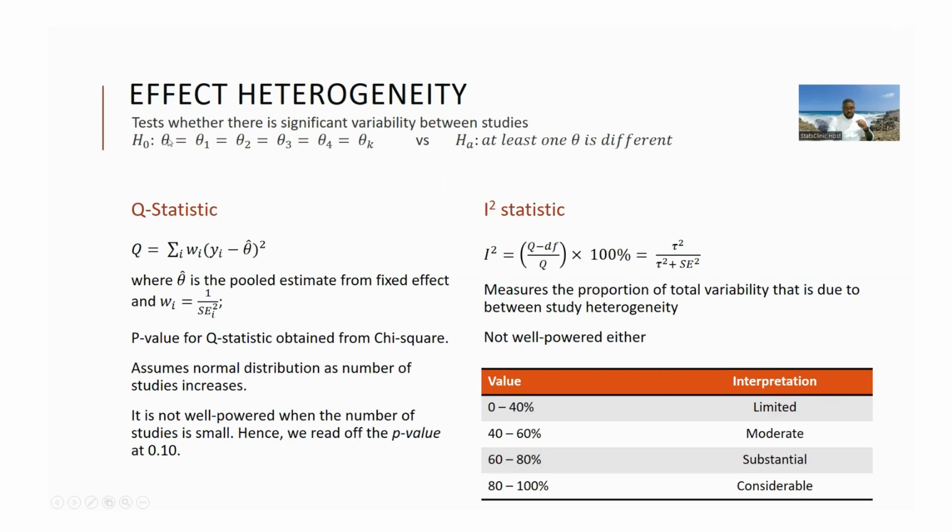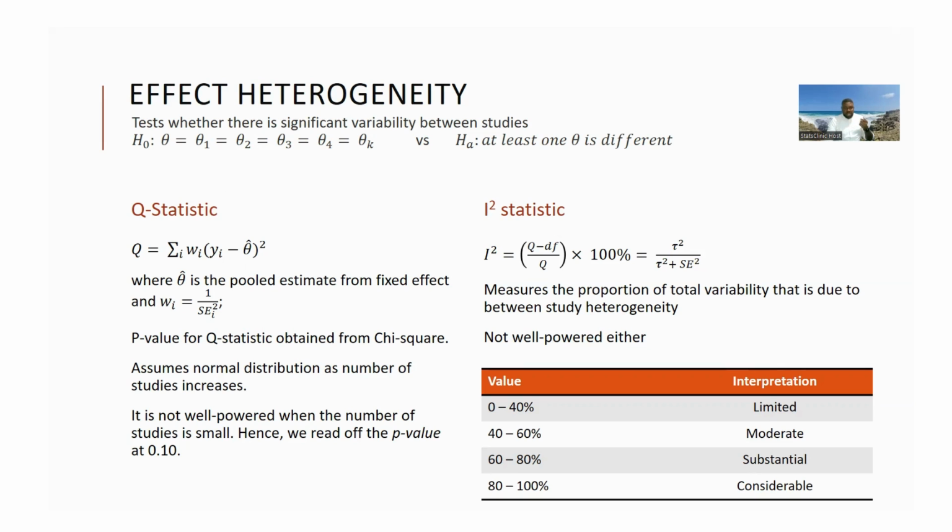So the pooled point estimate is equal to the point estimate in study 1, study 2, study 3, study 4, up to study K. And then the alternative hypothesis is that at least one point estimate is different, so theta 1 is different from theta 2 or different from theta 3, like that.